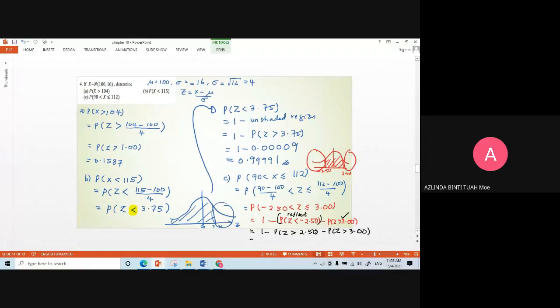So 1 minus 0.00621 minus 0.00135. Okay, the answer is 0.99244. Biasanya kita bagi four decimal places saja. Taklah. Okay, itu example 4 from your lecture note.